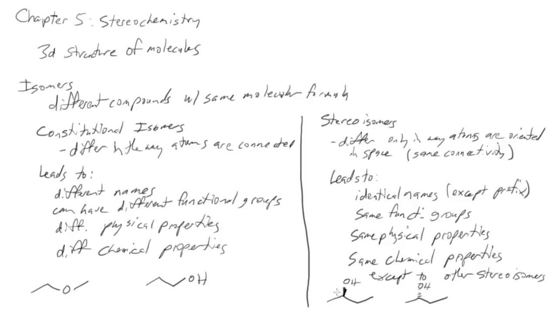The only difference is that this hydroxide is coming out at you, and this hydroxide is going back into the plane. It only differs in three-dimensional aspects of where those groups are oriented in space, not in any kind of connectivity. And we call these differences in stereochemistry configurations. So these two isomers are different stereoisomers, and they have different configurations.